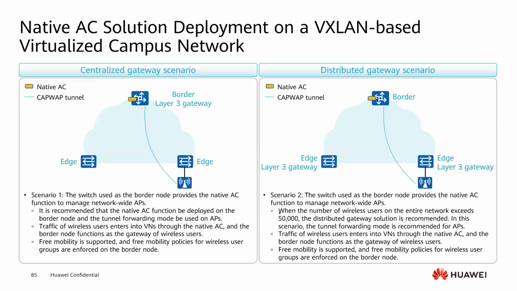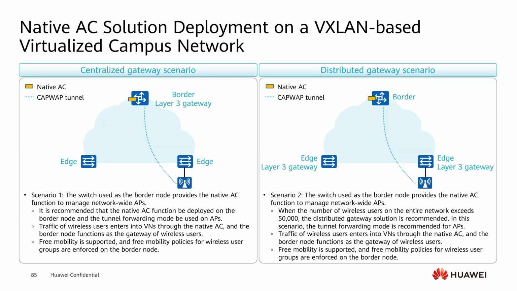For the native AC, there are also two scenarios. One is the centralized gateway, and the other is the distributed gateway. For the wired users, I think all of you are familiar with these two scenarios, so we only talk about the wireless users.